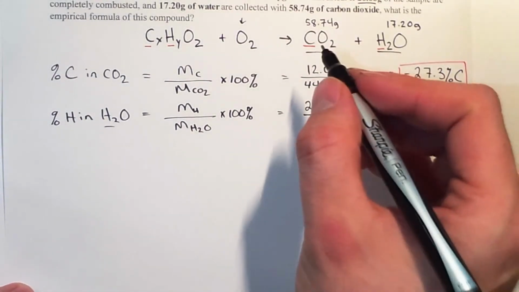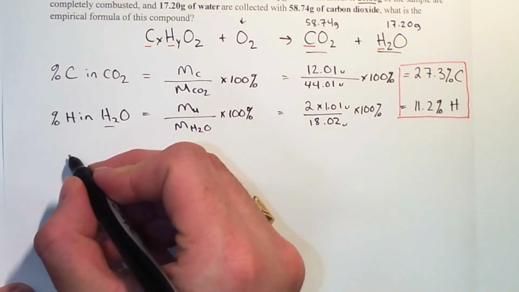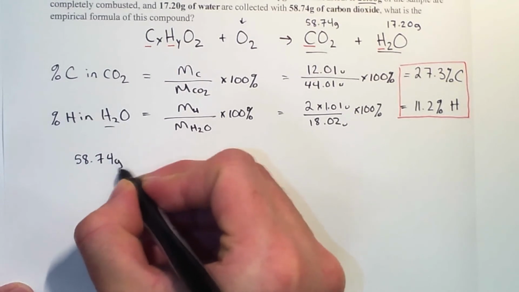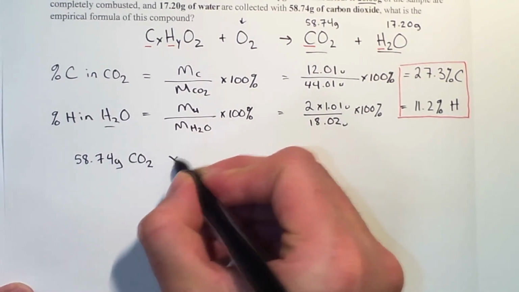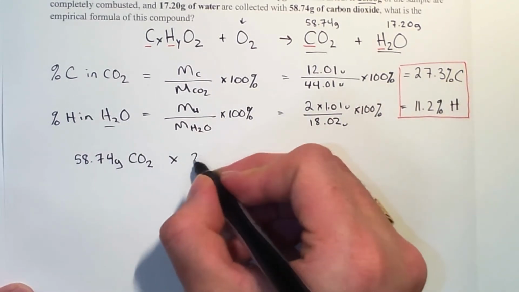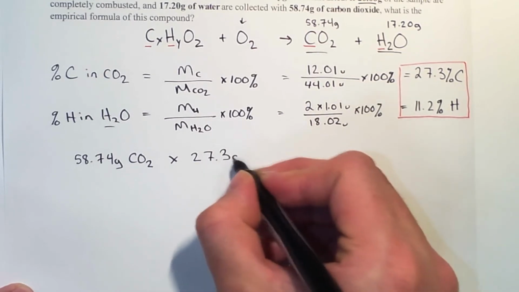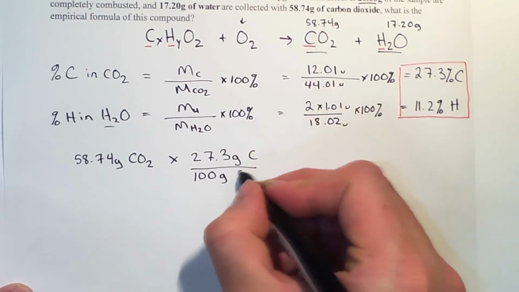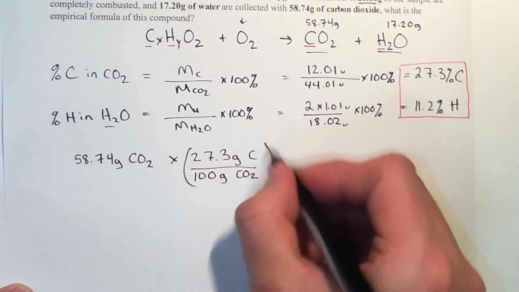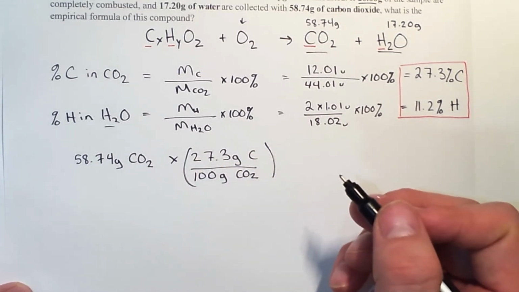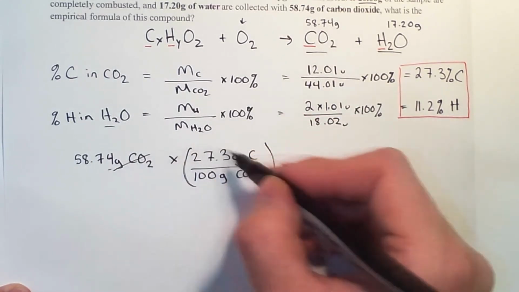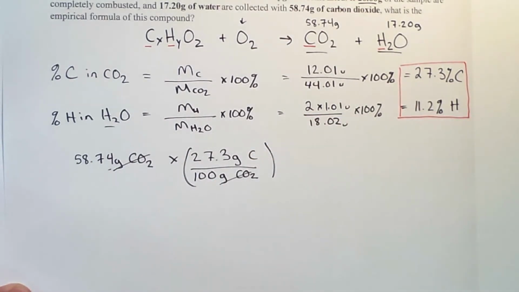Now we need to get the actual mass of carbon we have. Well, we have 58.74 grams of CO2, and we have 27.3 grams of carbon for every 100 grams of CO2. This is just a percentage, 27.3 over 100, but I write it like this so my units cancel.